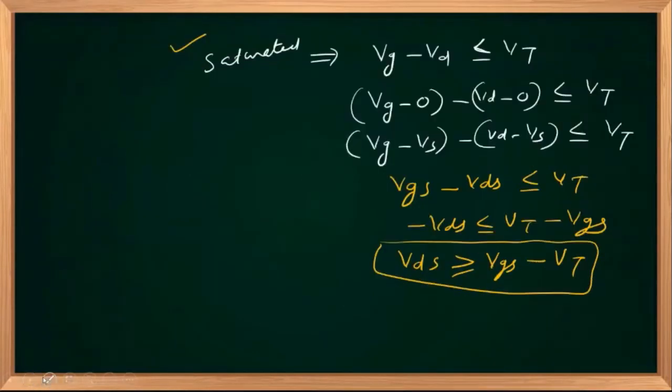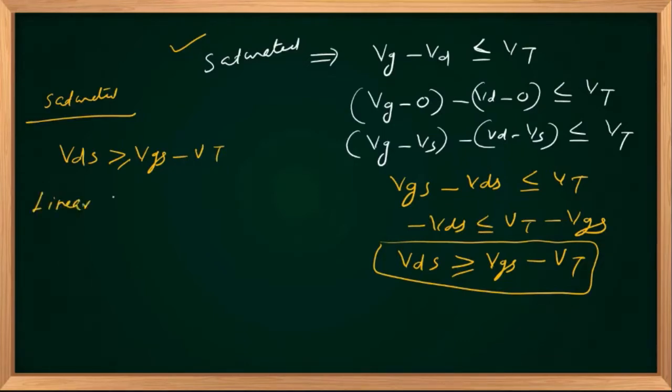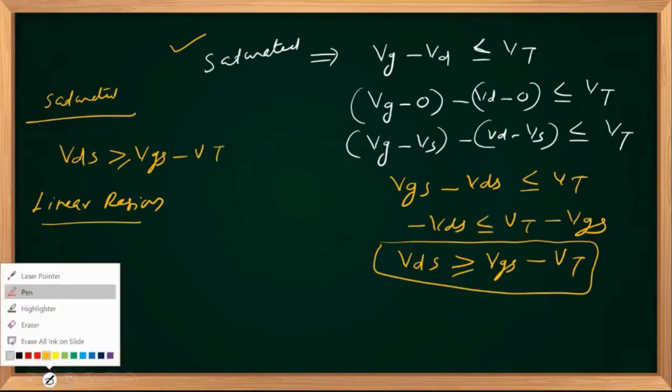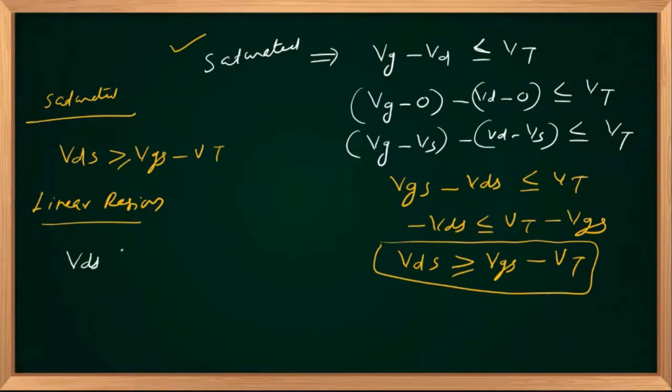So your N-channel MOSFET is saturated, or the condition for saturation is very simple based on our definition: VDS should be greater than or equal to VGS minus VT. If this is not satisfied, only one condition exists, that corresponding to the linear region. What will be that condition? The other condition. What is the other condition? If this is not satisfied, it implies VDS is less than or equal to VGS minus VT.